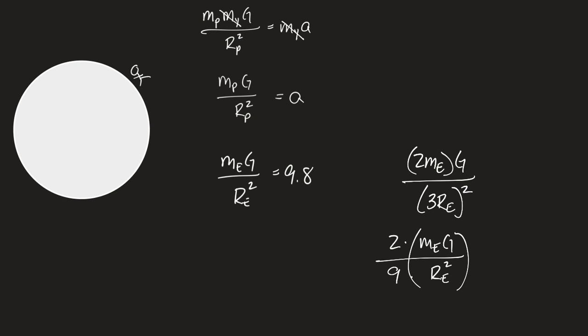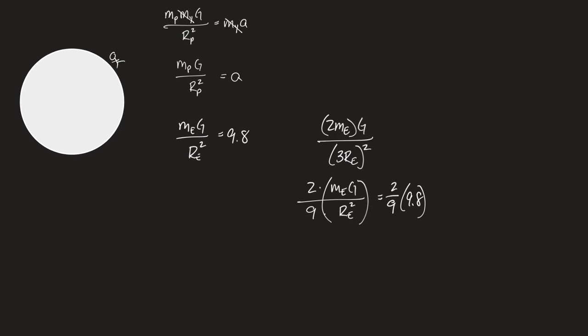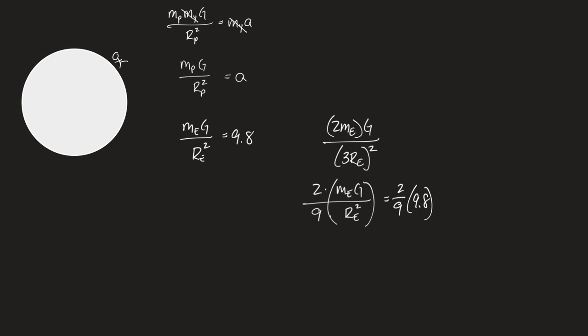Next, we will have something that we can use for the letters, 9.8. So this has to equal 2/9 times 9.8. Our new planet is going to have 2/9 the gravity of the Earth. So even though it's bigger, gravity's less, a lot less.